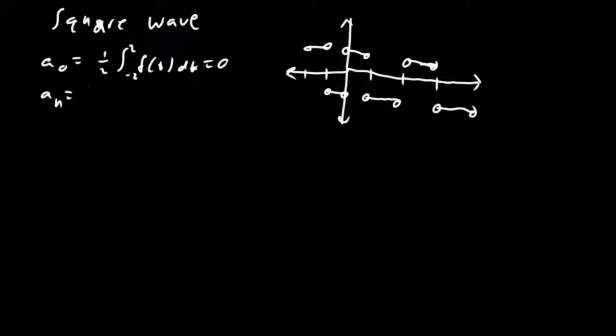A sub n is equal to 1/2 integral from -2 to 0, because we can't integrate across the entire thing easily. We have to split it up into two integrals.